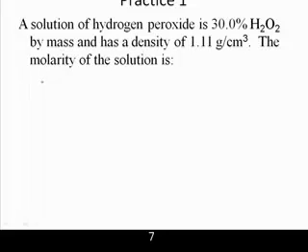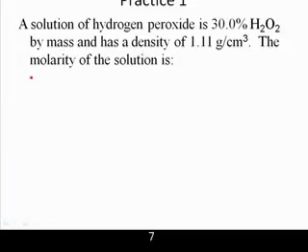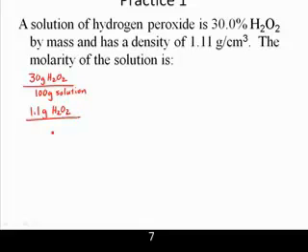This says I have 30 grams of H2O2 per 100 grams of solution. That's what I mean by breaking the units apart. Then it says it has a density that 1.1 grams of H2O2 is, no, I'm sorry, that's my bad.